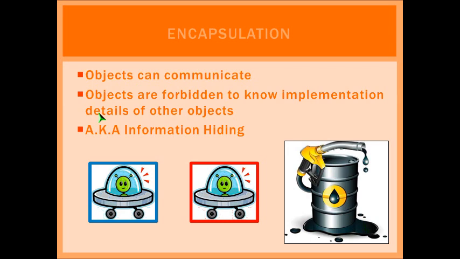Let's say you have a helicopter and an airplane, and the two fly and they scrape against one another. The helicopter isn't suddenly going to know exactly how the airplane is doing what it's supposed to be doing, although the two objects have communicated, they've touched one another. So the implementation details of the two aircraft still remain separate from one another.